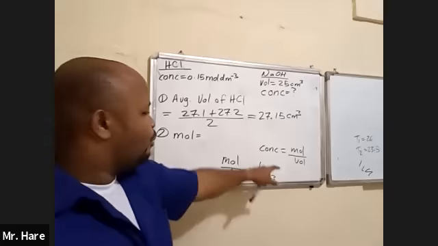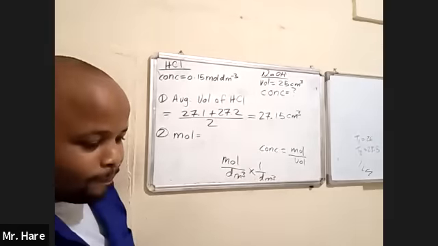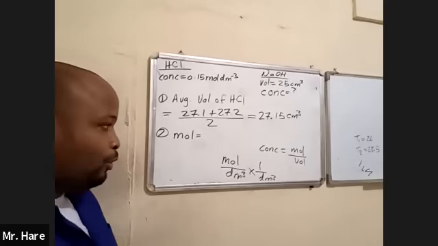So just use the formula: concentration equals mole over volume. That means concentration will equal mole divided by volume. Moles is concentration times volume.